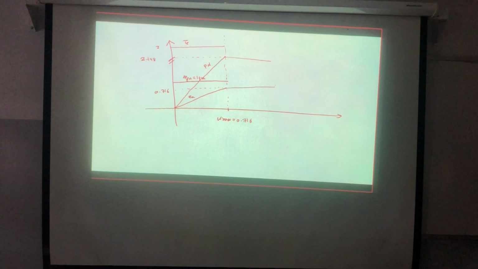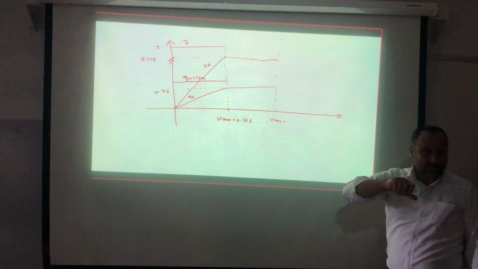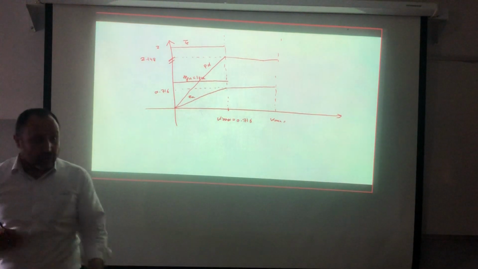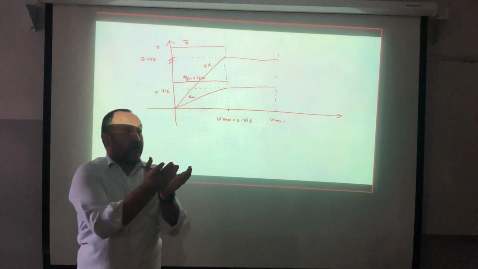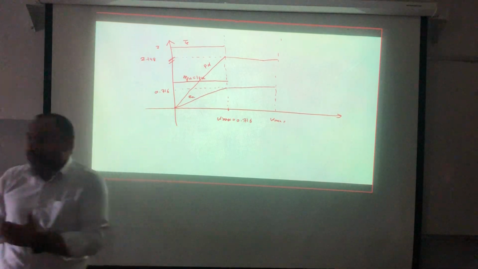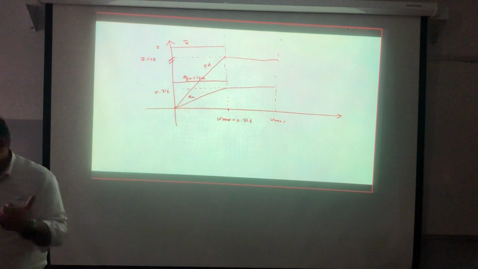After that, the power developed is constant. EA is constant until I'm reaching the maximum speed. Omega max equal to what? 7.16, which is 10 times omega base. Why? Because the flux now is reduced to 0.1. So if I'm giving the rated, I'm reaching omega base. If I'm going to 0.1 of the rated, I will reach 10 omega of the base.